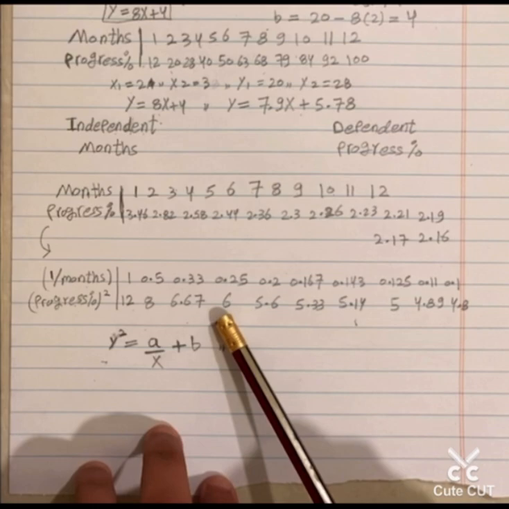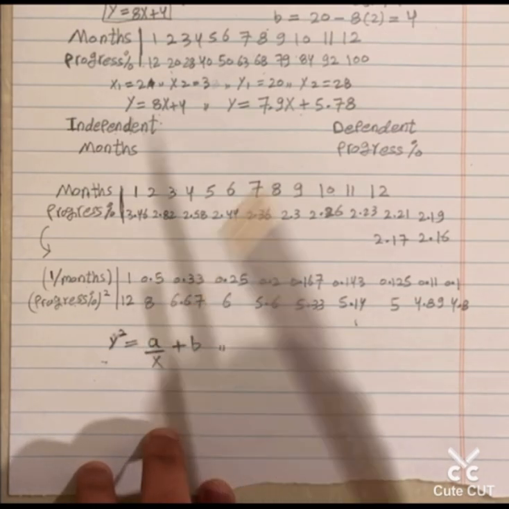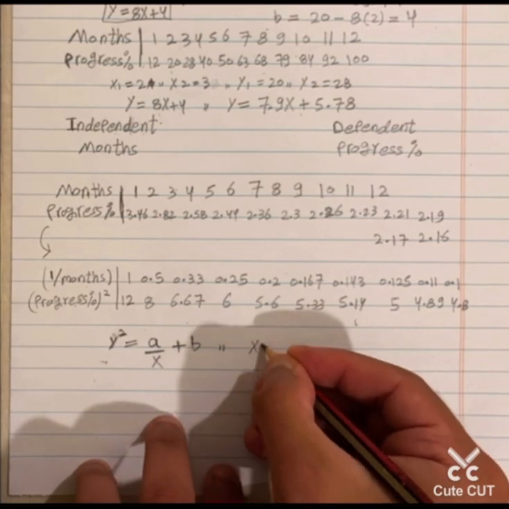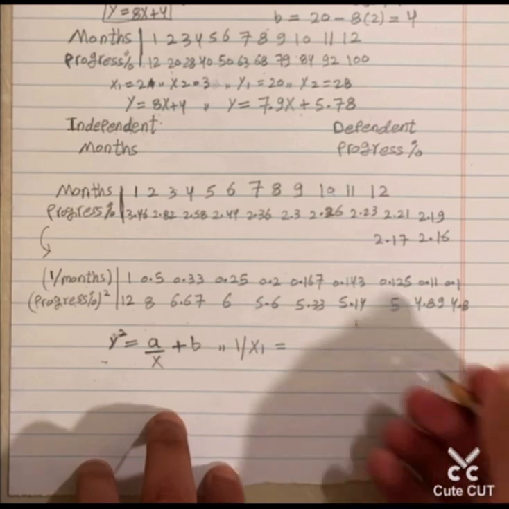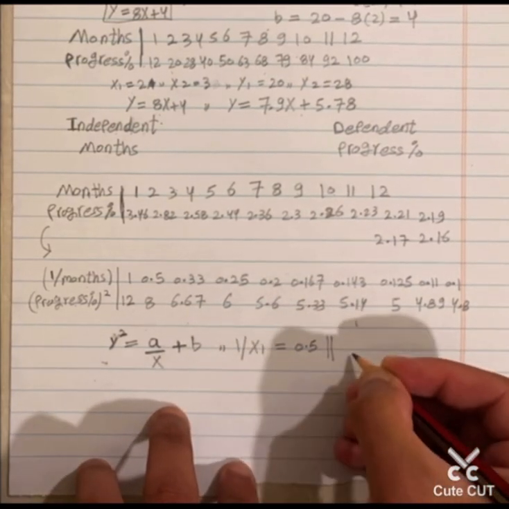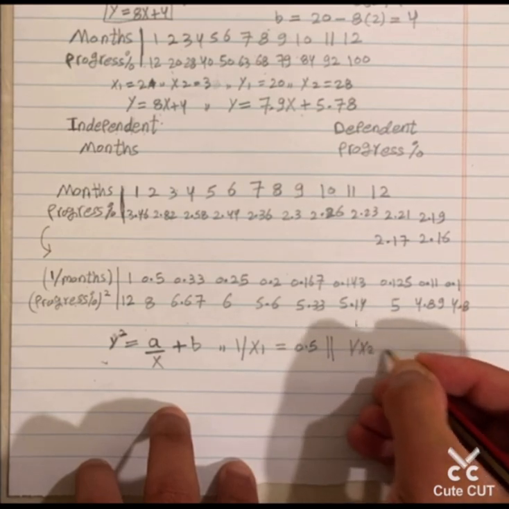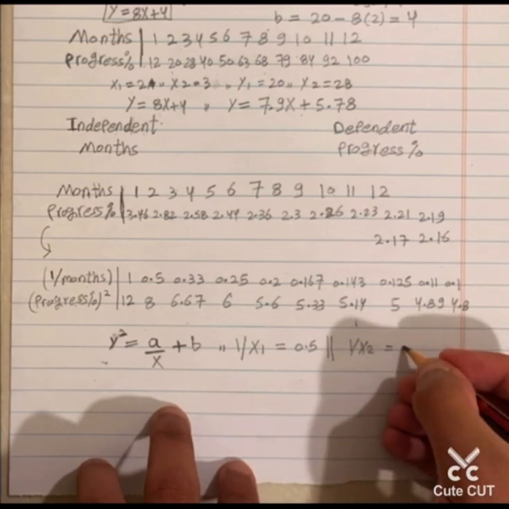As I said before, we take the simplest points. For example, 1 over x1 is equal to 0.5, and 1 over x2 is equal to 0.25, because it's easier.